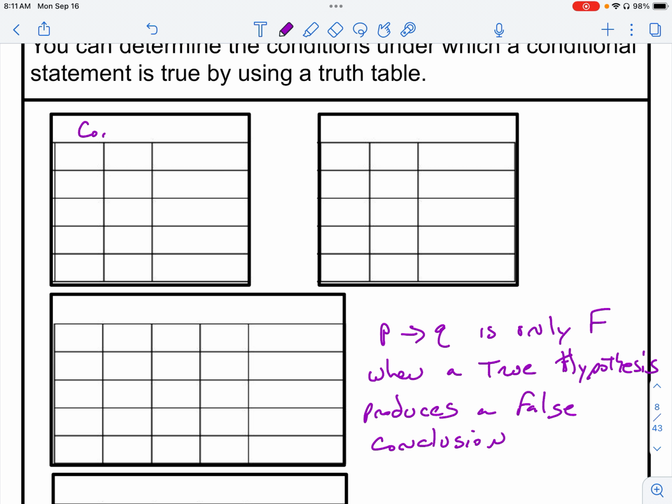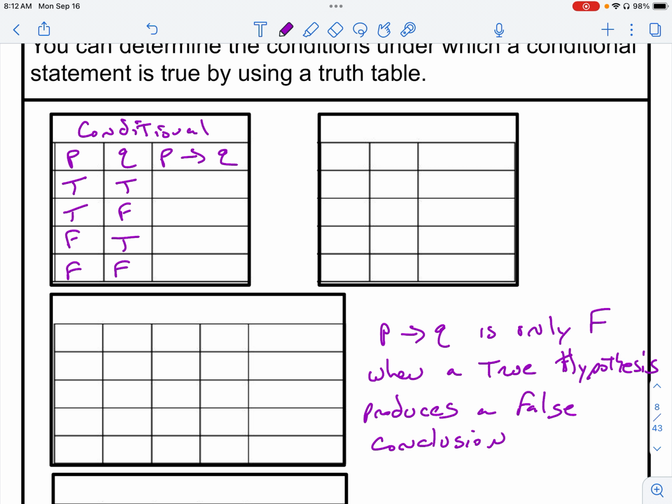So we're going to start at the beginning with the conditional statements. And we have hypothesis P, conclusion Q, and we go P implies Q. Our possible outcomes are P is true, Q is true; P is true, Q is false; P is false and Q is true; or they're both false.